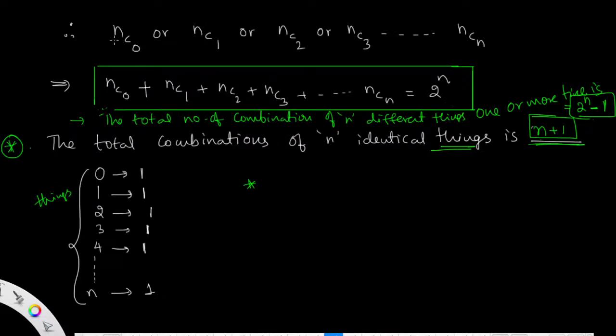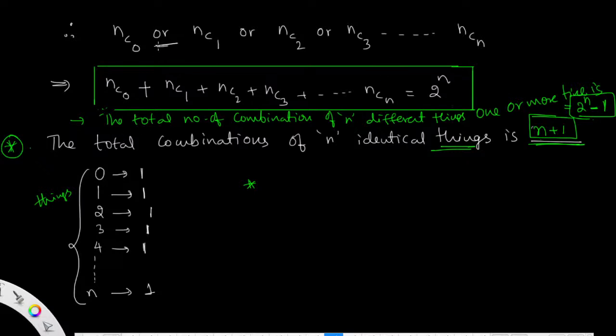Next, the same thing. Selecting 0 things out of n is denoted by nC0, selecting one thing is nC1, selecting two things is nC2, and so on up to nCn.